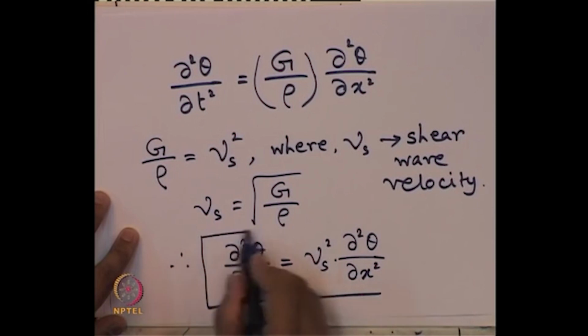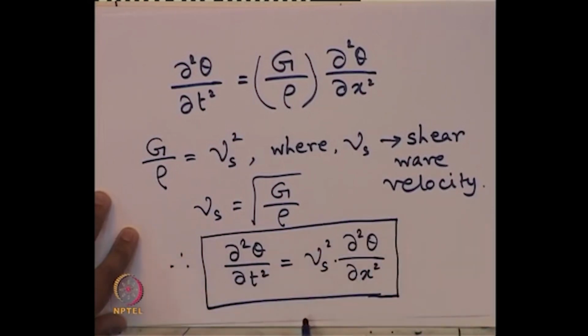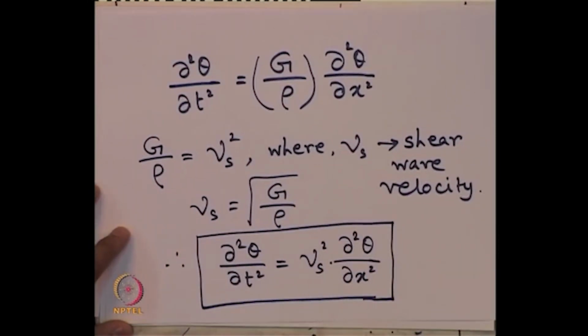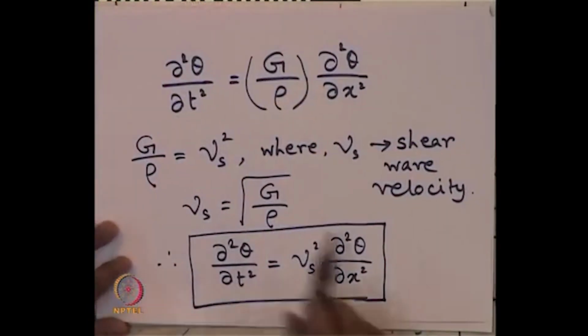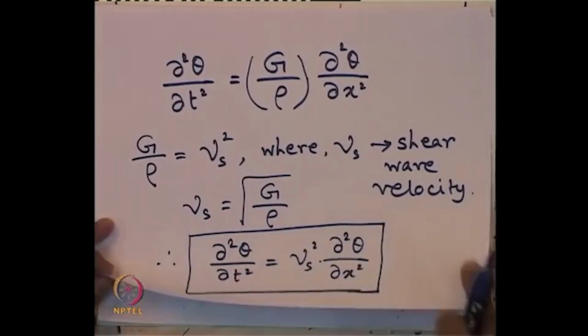This is our basic equation of motion for a wave. What type of wave? Torsional wave, which is passing through an infinite rod in one dimension. So, this equation of motion is the simplest form for the torsional wave.